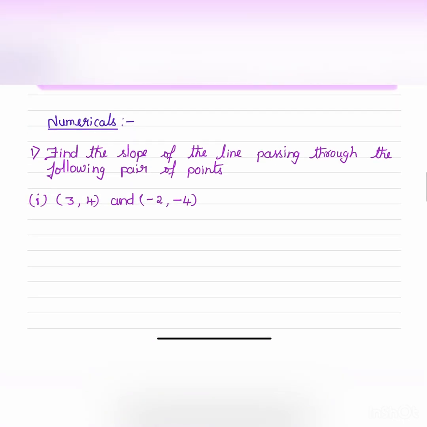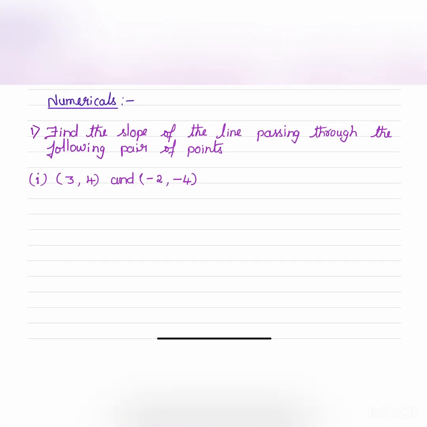Let us go for the numerical part. The first problem is to find the slope of the line passing through the following pair of points, that is 3, 4 and minus 2, minus 4. Let us take the formula. We know that m is equal to y2 minus y1 divided by x2 minus x1.